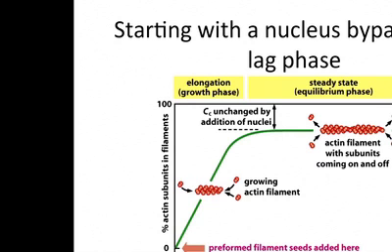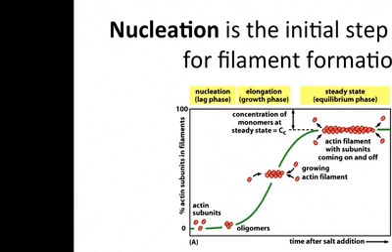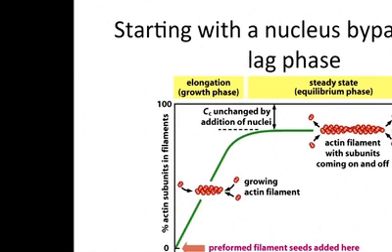So if you have a nucleus, then you can bypass that lag phase. So remember, this looks like a growth curve. You've got that lag phase until that nucleus forms. So you can imagine if you put in a whole lot of bacteria into a culture, it's going to quickly go into your exponential growth. And so I always like to relate that to this because it makes sense to me, hopefully to you. So if you put in a nucleus, then you're going to go straight into that exponential growth.